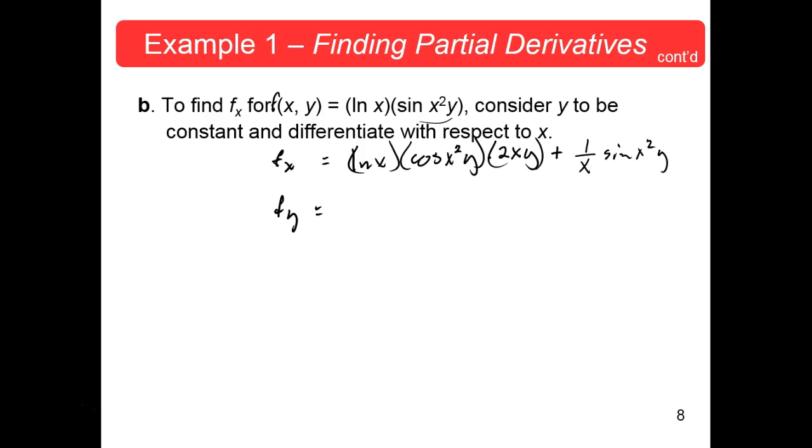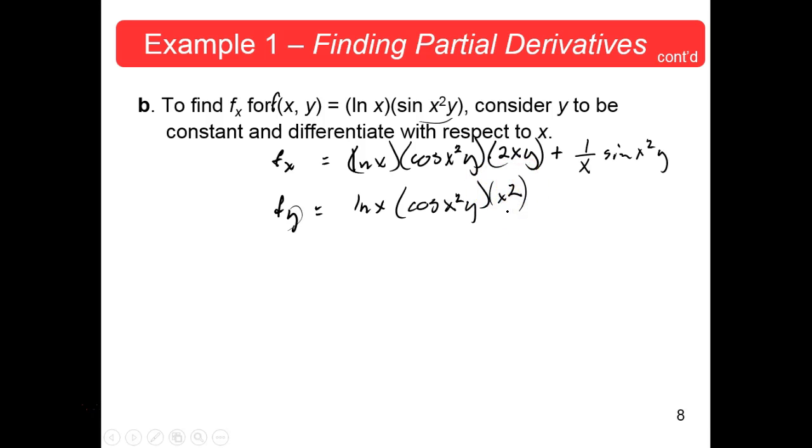So that's exactly what we do. We just write down the coefficient, log x, and what's the derivative of sine of x squared y with respect to y? Cosine of x squared y times just the x squared part, because you're taking it with respect to y, so that's just this to the first power, so it'd just be x squared.